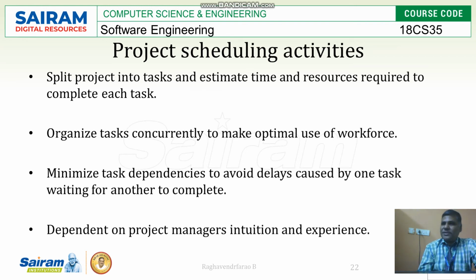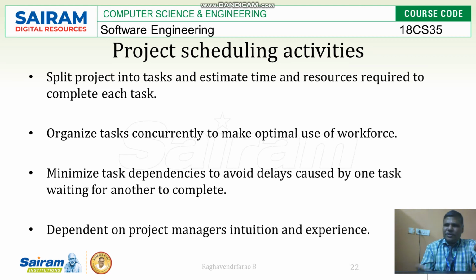But if dependencies are there, it is difficult to do. So you must think and act on that. That's what the third point says: minimize the dependencies to avoid the delays caused by another program completing.